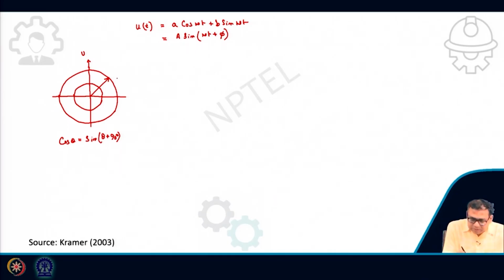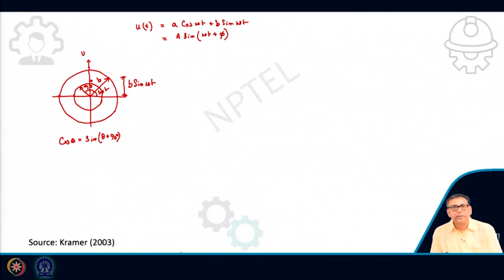If this is your b and this one is omega t, so this will be b sin omega t, and the cos function is sin plus 90 degree. So the next one, this will be a, and that will be by an angle of 90 degree. Clear? So this is a.